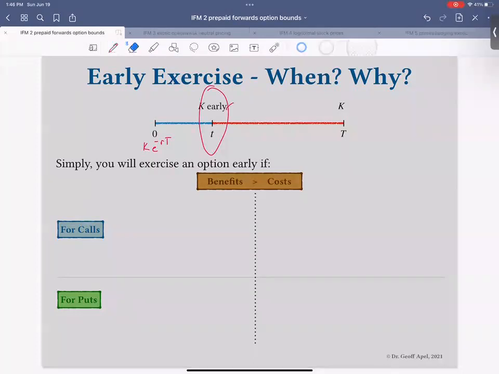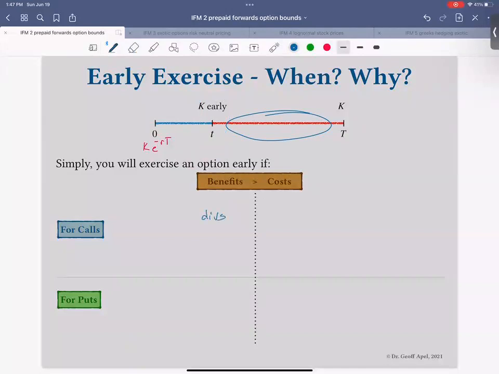What would be the possible benefits of that? Well, if you get ownership of the stock, then any dividends that would be paid, you'd actually get instead of the other person, because you own the stock. You've exercised it, you bought the stock, so you are going to get the dividends.